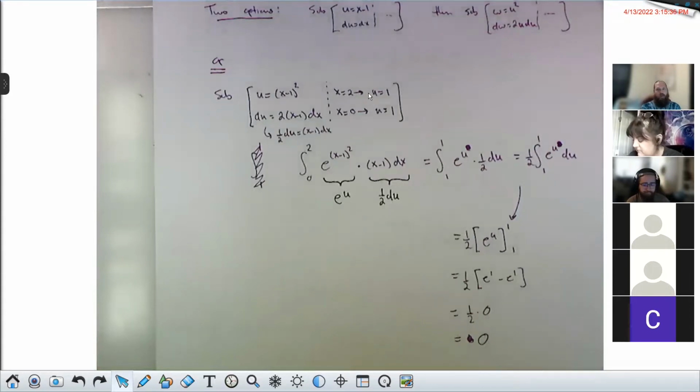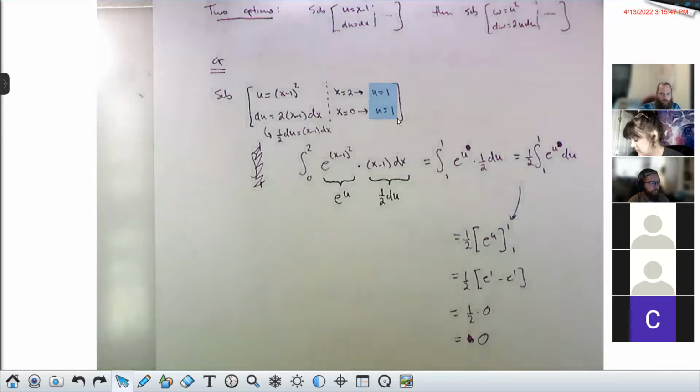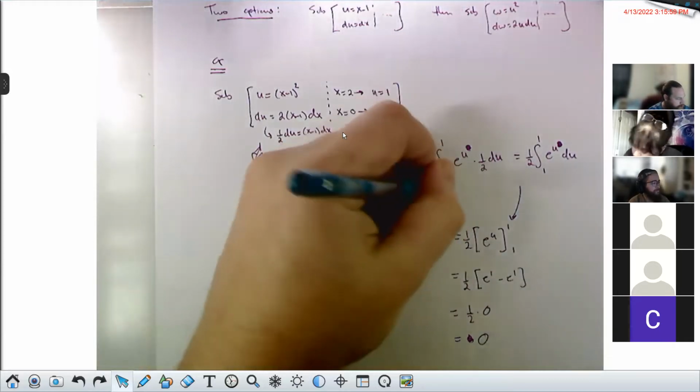So as soon as you calculate these new bounds, right? When I said, do we want to keep going here? As soon as you calculate these new bounds, you should be able to deduce that the integral is 0. Because immediately at this point, we realize that under this transformation, my integral is going to become an integral from 1 to 1. So the nice observation there, which I think came from Ethan, was that we could stop here.